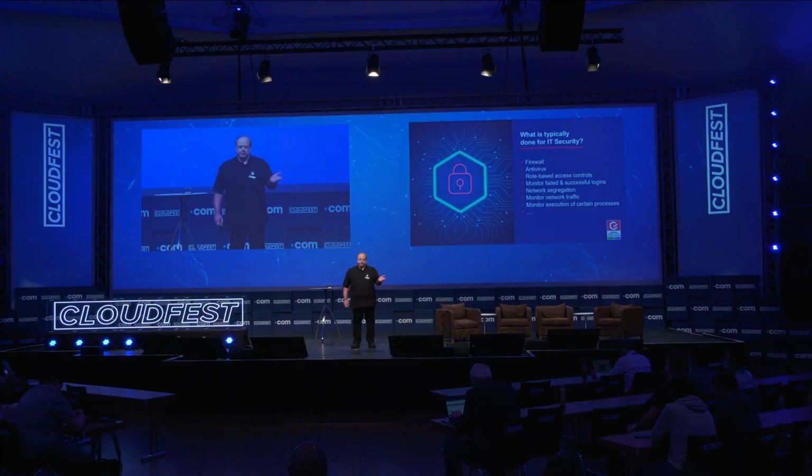Now, let's take a brief look at what companies are typically doing in terms of IT security. You place a firewall in front of your infrastructure to protect you from the evil internet. Great. You have some antivirus software installed. You have role-based access controls in place. You even monitor failed and successful logins.